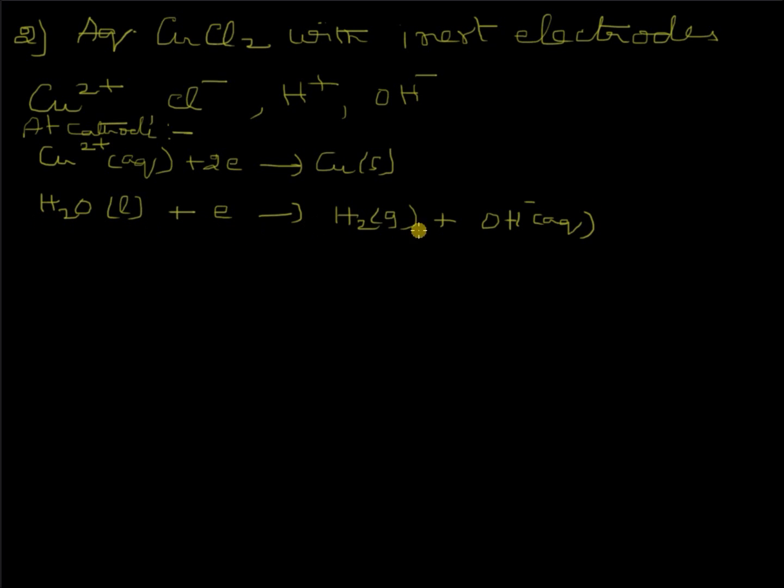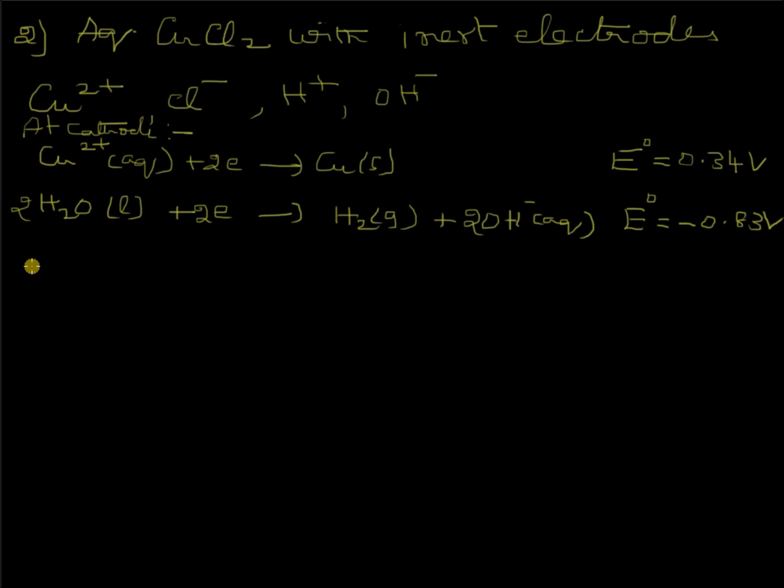Let us balance. We have to write 2 H2O liquid taking up 2 electrons to give H2 gas plus 2 OH- ions. Now the E naught for this, electrode potential for this, is 0.34 volt, and E naught for this is minus 0.83 volt.